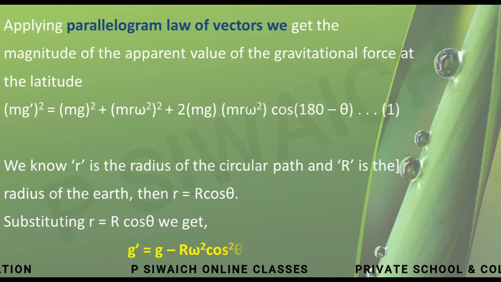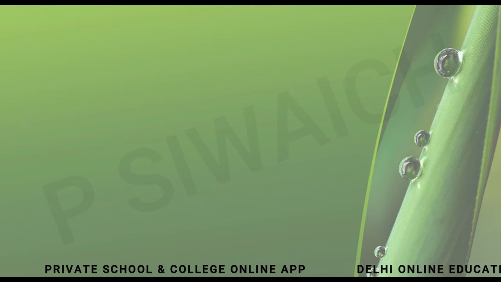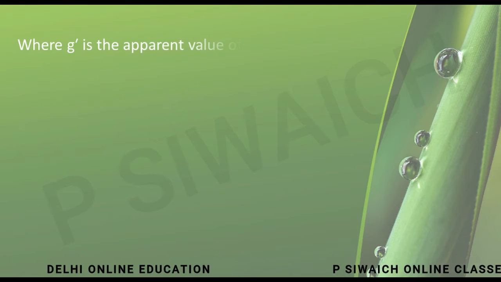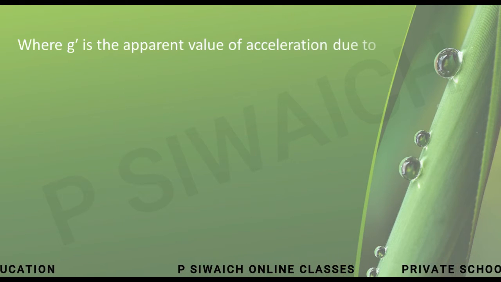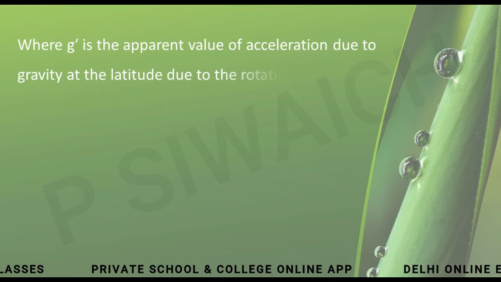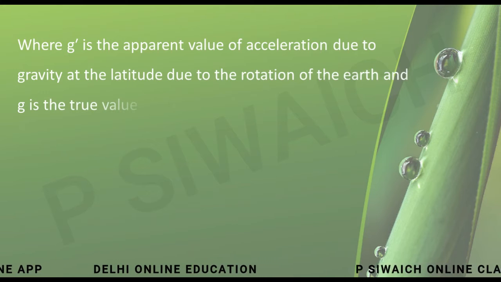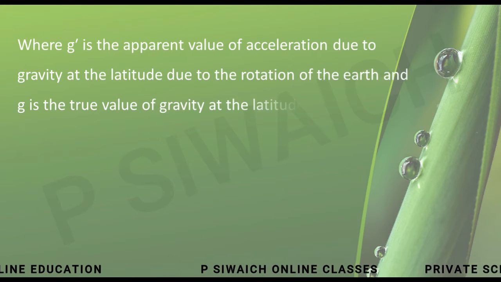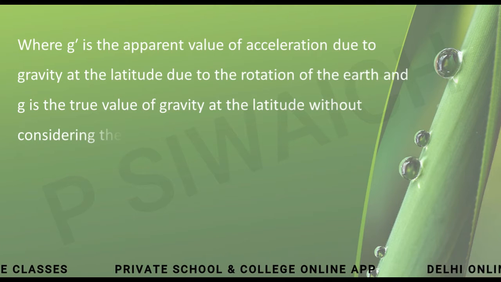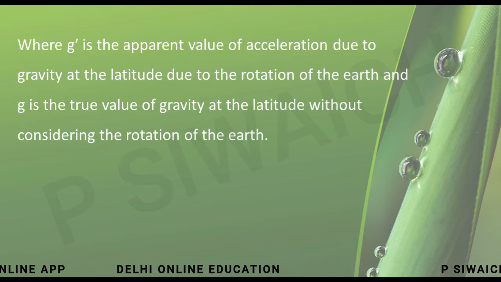Substituting r equals R cos θ, we get g' equals g minus Rω² cos²θ, where g' is the apparent value of acceleration due to gravity at the latitude due to the rotation of the earth, and g is the true value of gravity at the latitude without considering the rotation of the earth.